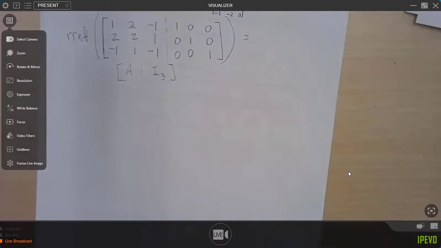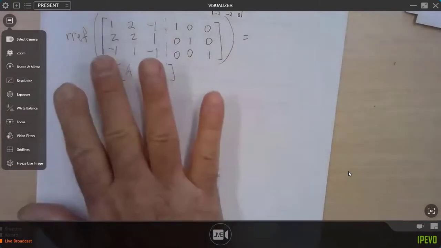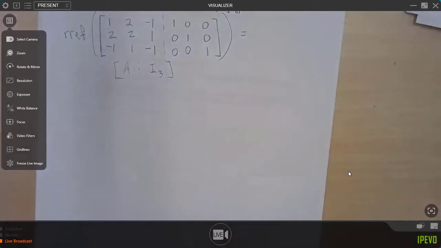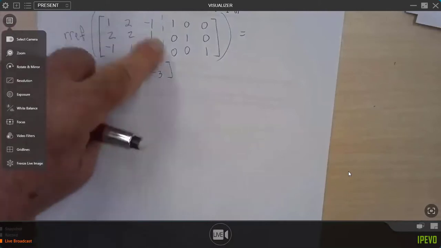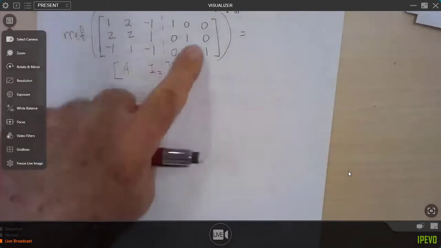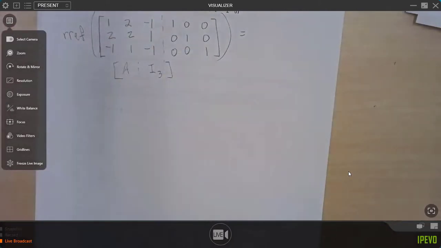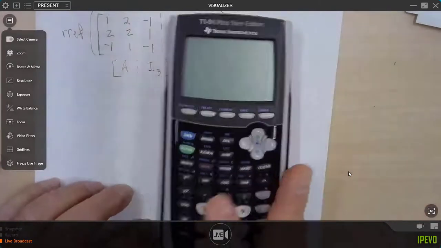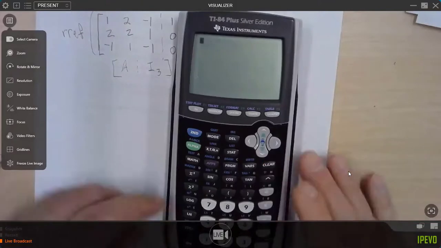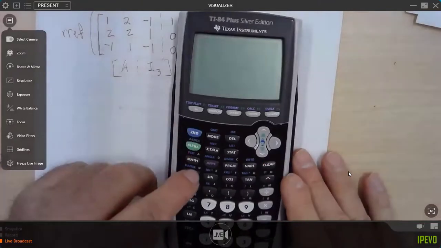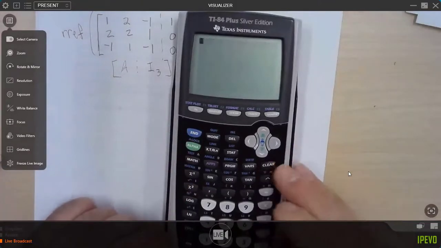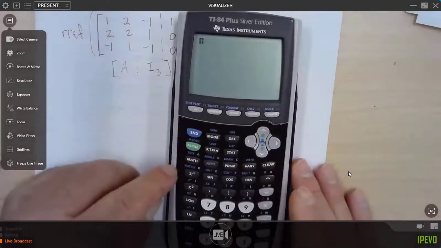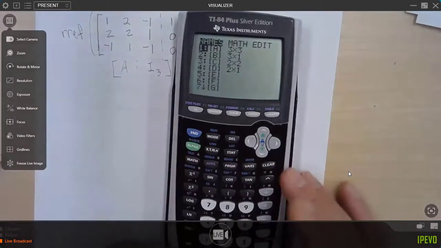If that happens, the matrix on the left does not have an inverse. But if it doesn't happen, then I'll end up with the identity on the left, and I'll end up with the inverse on the right. So let's just try it on this, and we'll find out in a big hurry whether this has an inverse or not. And then we can check it with the calculator's way of computing inverses as well.